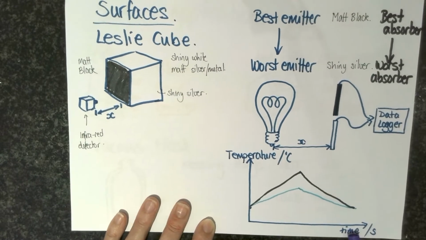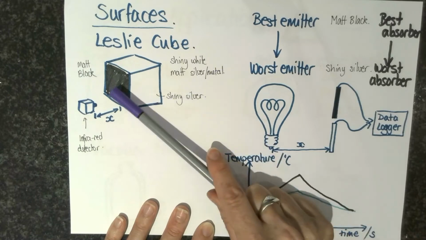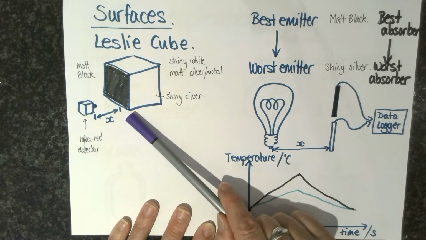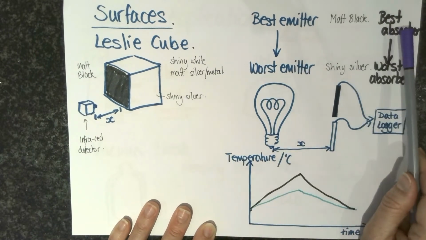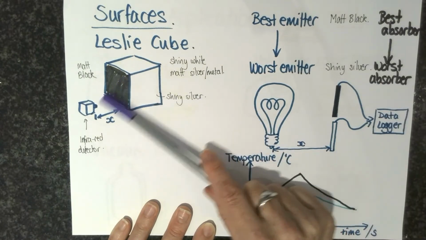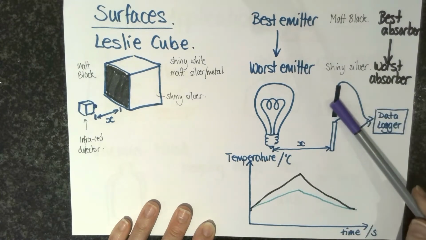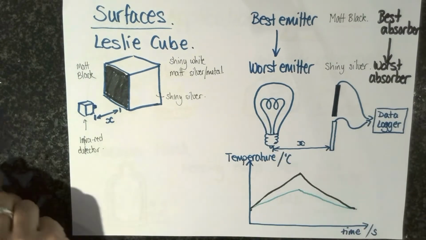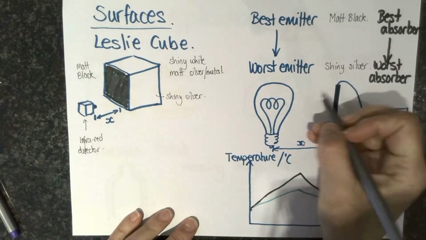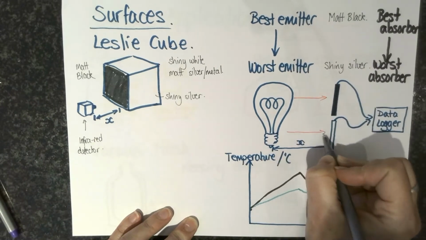So what we found is that matte black, not only did we find it was the best emitter from our Leslie cube experiment, but we found it's the best absorber from this experiment. The infrared is going from the lamp into the temperature probes.